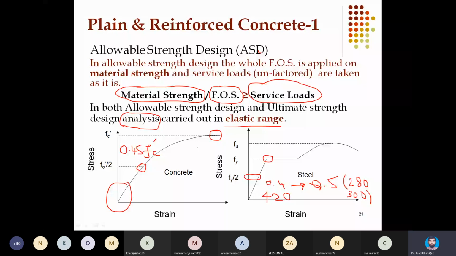However, in allowable stress design, analysis is elastic, and almost materials you are using are also in the elastic range.